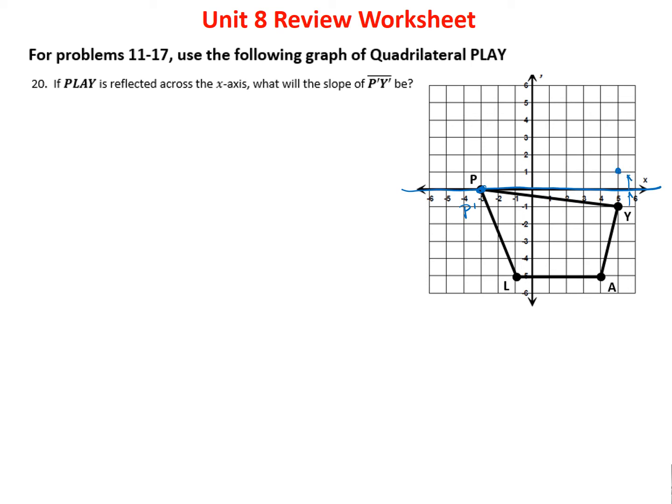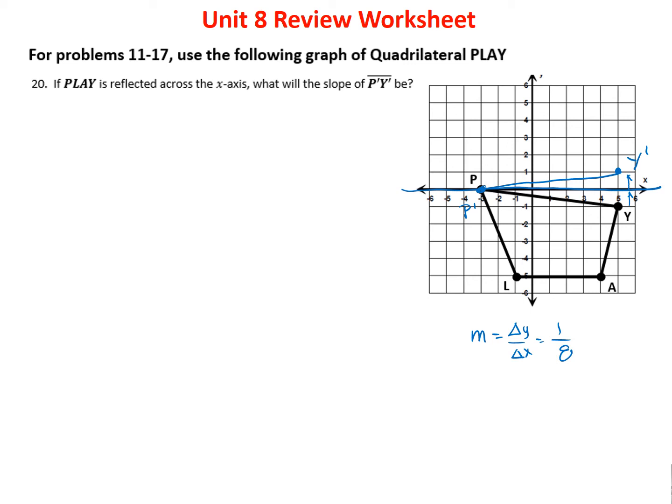So it will be right here, and so this will be my new Y prime. Now, if you look at the slope there, you can see rise over run, change in y over change in x. So it goes up 1, and it goes over 1, 2, 3, 4, 5, 6, 7, 8. So it is 1/8.